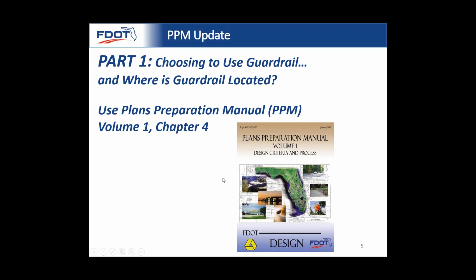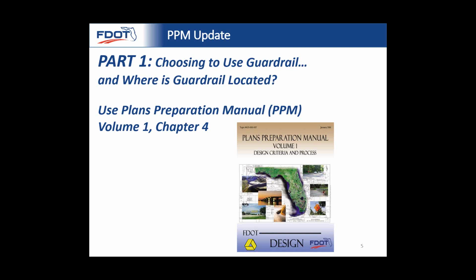All right. Thanks, Richard. When we started looking at making a lot of these big revisions to Design Standard Index 400 for our guardrail, we tried to take a step back and evaluate what parts of the current index really belonged in a Design Standard Index, what parts were criteria, what parts were specification language.